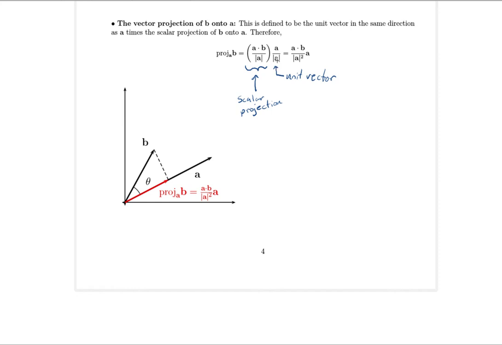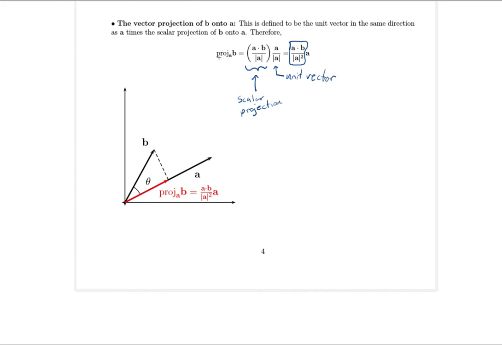And so that's why this gives you the vector projection of one vector onto another. And so here's how it all shapes up, where all this stuff is just scalar calculation right there, essentially, times your vector A. So that's our vector projection.